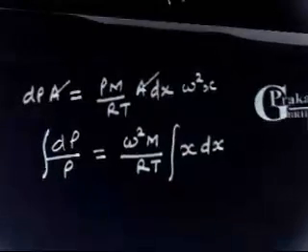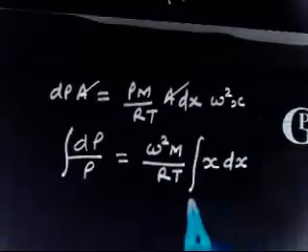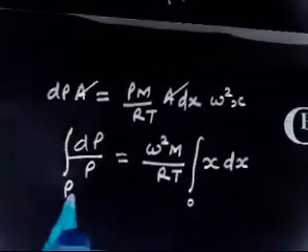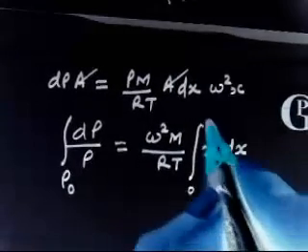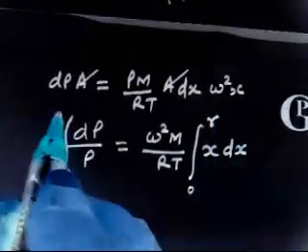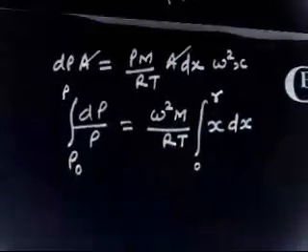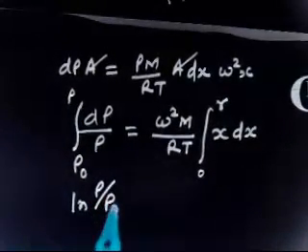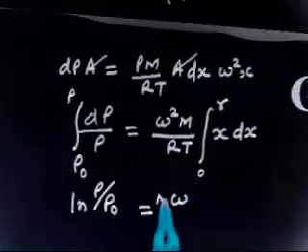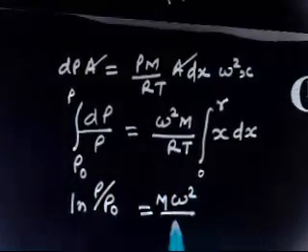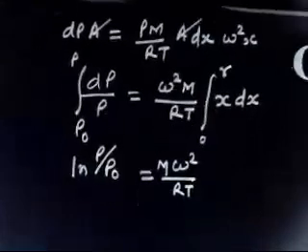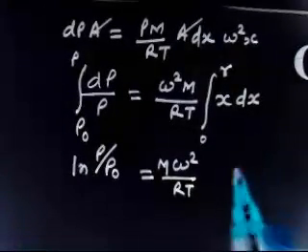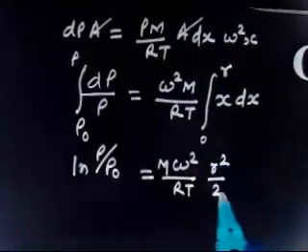When x is equal to 0, pressure is P naught. Let us say when x is equal to r, pressure is P. Integrating, I will have ln P by P naught equals omega square M by RT times x square by 2, from 0 to x, so simply r square by 2.